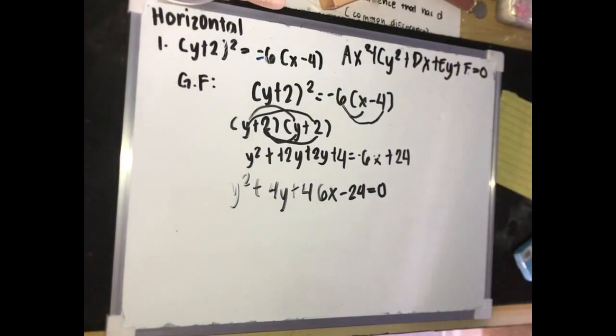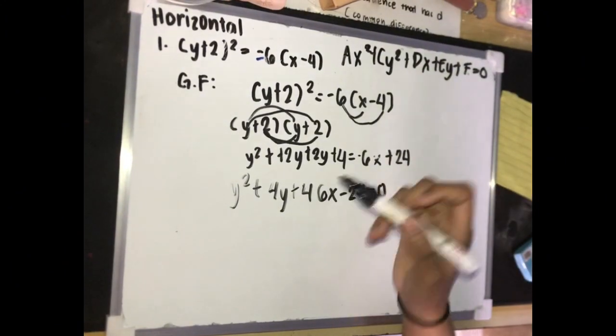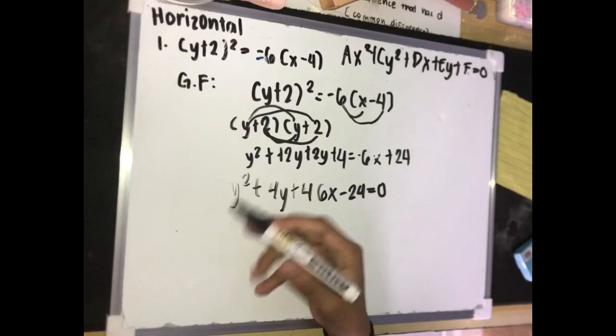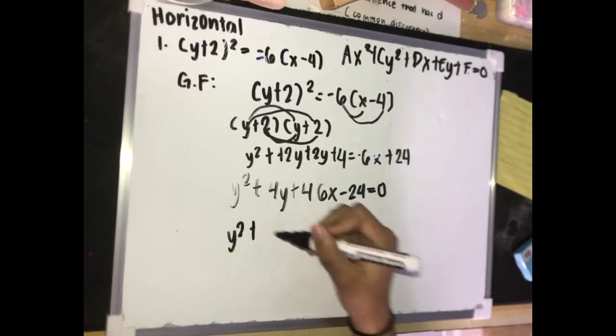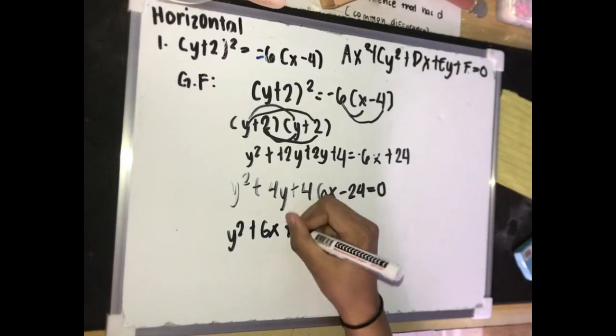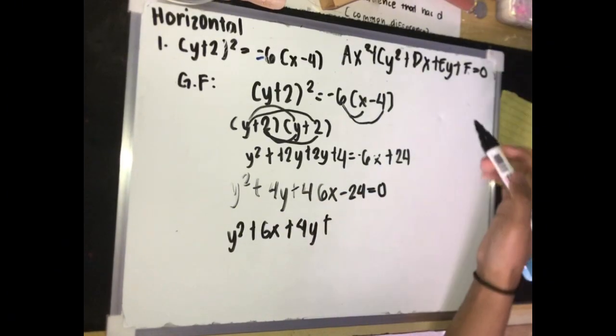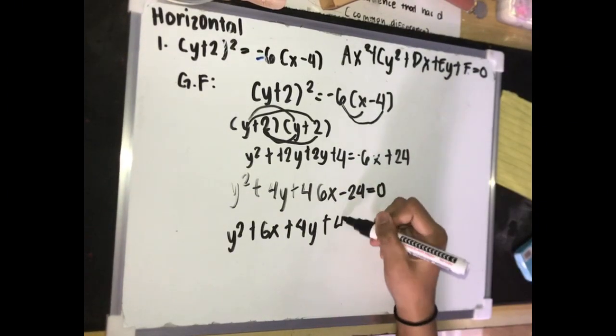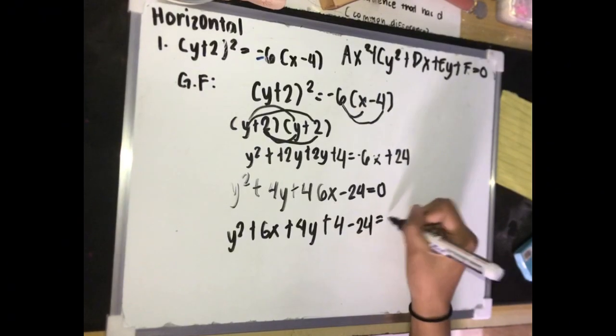So, ayan. Since wala tayong x squared, magsisimula tayo sa letter C. So, magiging y squared plus 6x, and 4y, which is E y, and the F, which is the 4, and the negative 24.